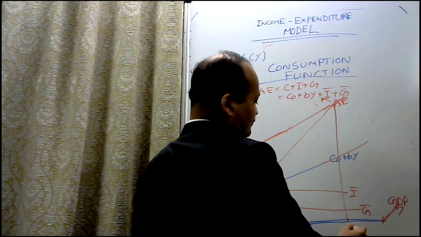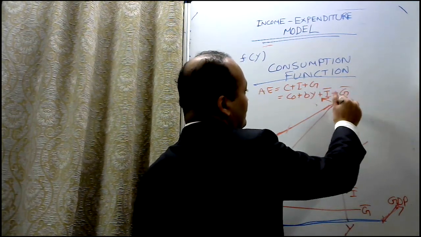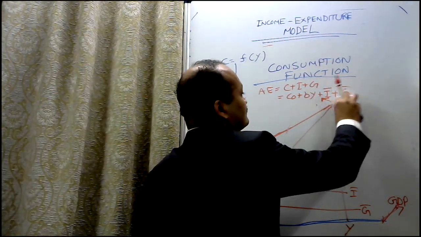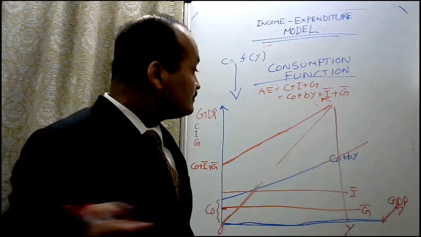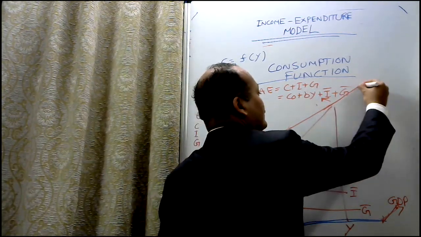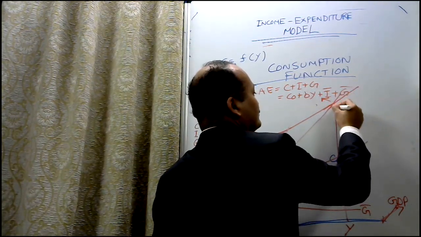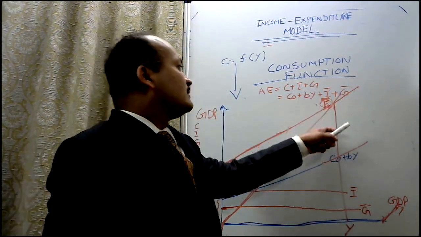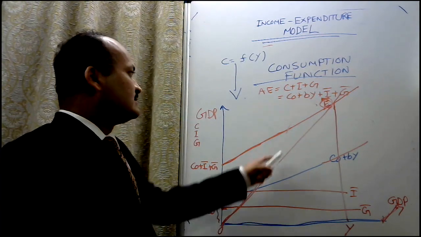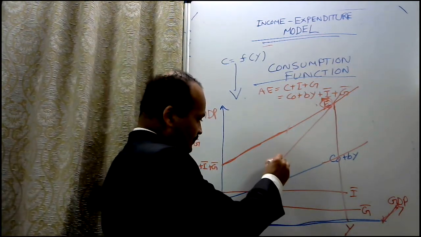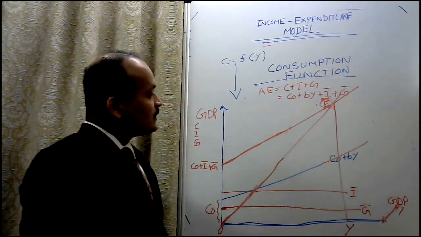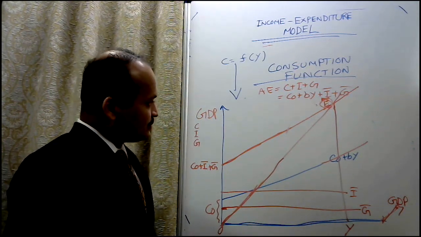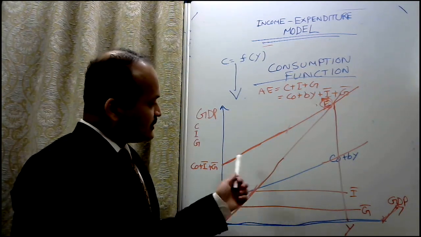So this is the equilibrium point E. I am getting where the 45-degree line intersects the aggregate expenditure line. Okay, what is the significance? Everything remains same as we have already discussed, and the interpretation is the same.